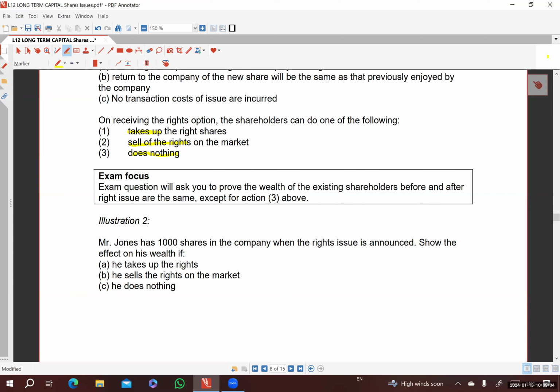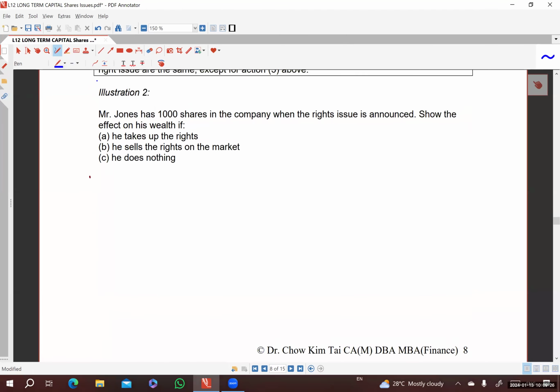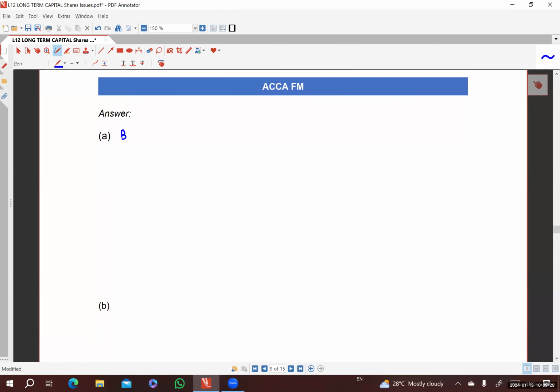Now we want to look at the effect on wealth. Mr. John has 1,000 shares in the company when the rights issue is announced. Show the effect on his wealth. Remember, effect on wealth means share price. Before the rights issue, he has 1,000 shares.